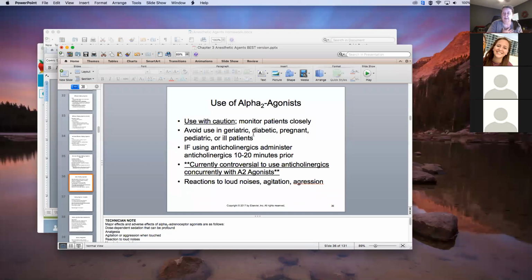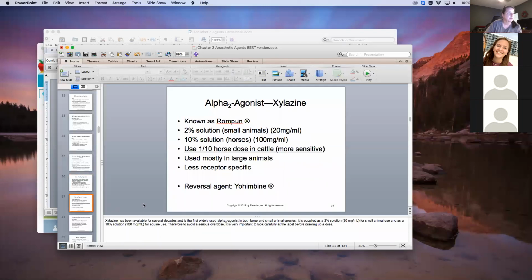So probably, like I said, that decrepit Shih Tzu coming in for a dental with like 4 teeth, I'm probably not going to grab an alpha 2. And especially if he's just chilling and the dog's not fighting me, I just need to give him a little sedation. I don't need to knock him on his butt. But again, the bouncy lab, the aggressive patients that I don't want a WrestleMania, then I'm going to give them an alpha 2. And they can react to noises.